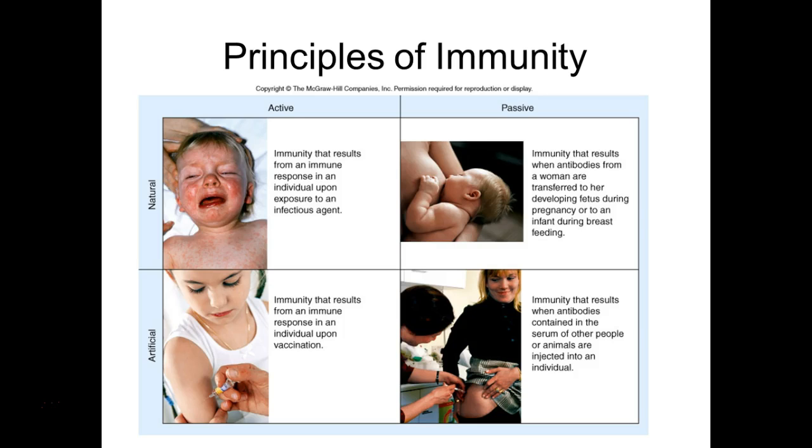Unlike passive, this is, as the word implies, it's been passed to you. So we've kind of already talked about this, right? You get immunity passed to you from your mom, right? Naturally, this happens. Your mom's breast milk contains what antibodies which help protect you?